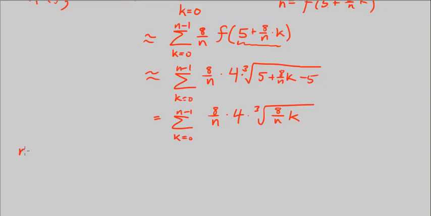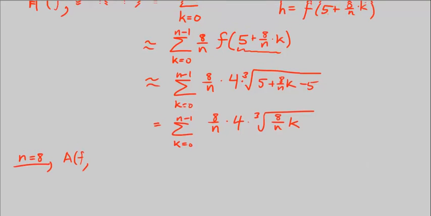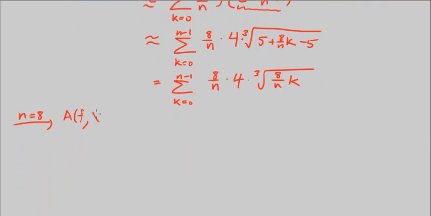For n equal to 8, the area between f and the x-axis from 5 to 13 is approximately the sum from k equals 0 to n minus 1, which is 7, of 8 over n, so 8 over 8, times 4 times the cube root of 8 over 8 times k.